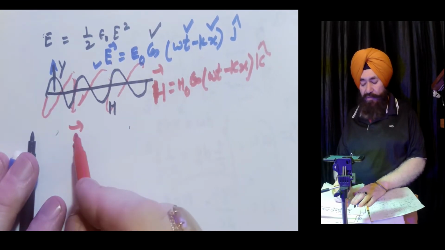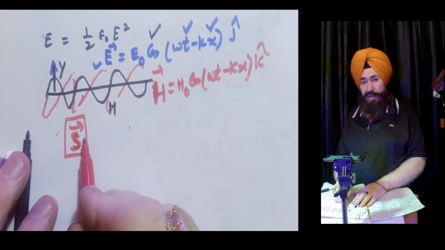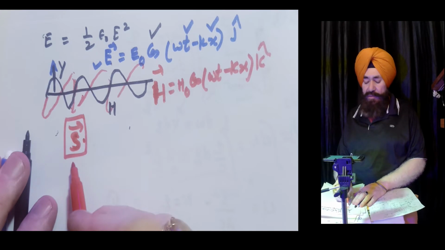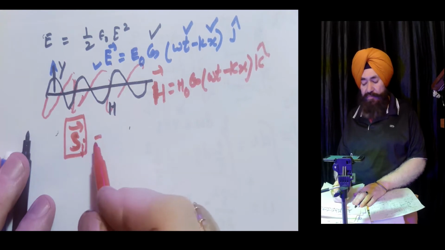Then the Poynting vector. Poynting vector means energy flowing per unit area per second. This is the energy of EM waves per unit area per second.